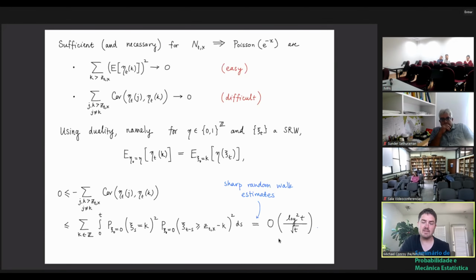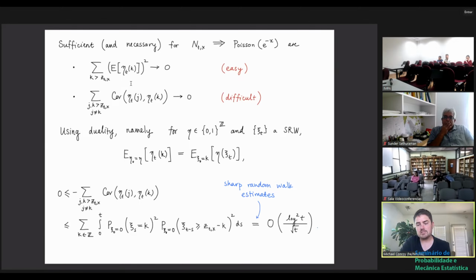So showing that the sum of squared expectations vanishes is easy. It follows almost exactly like in the independent particle case, once you write these occupation variables in terms of stirring particles. And the difficult part is dealing with these covariances. So to do this, we do a calculation using duality.